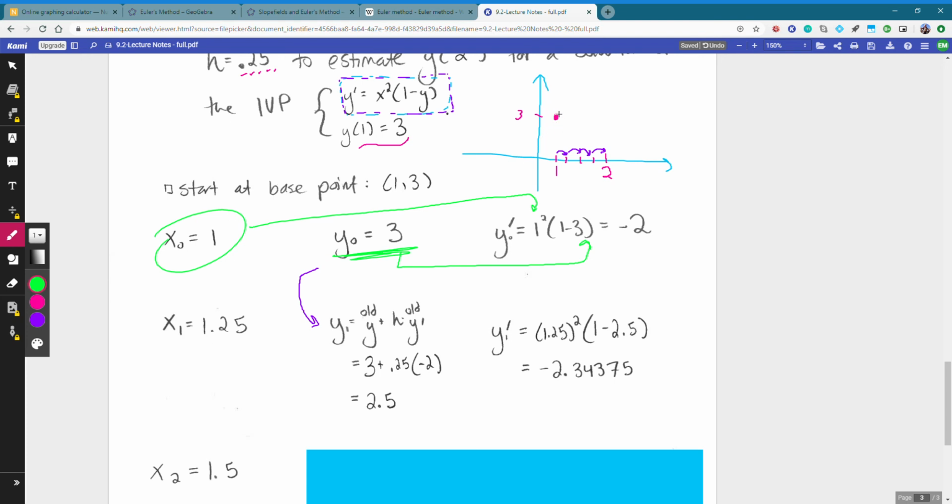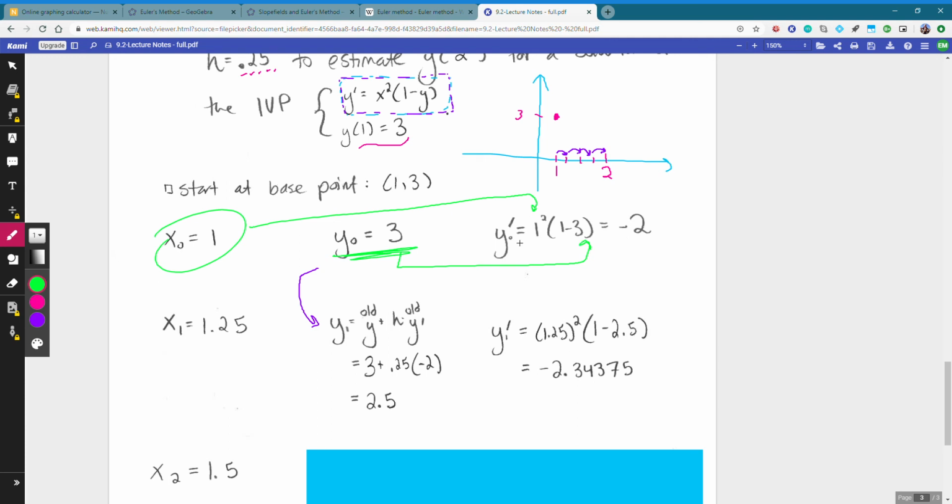And so if we were going to sketch in this direction field, we'd have a slope of -2 there, and so we can see that we're going to be shooting down as we take a step over to the right. But anyways, we don't need to draw a picture at this point. We can just follow the formula.